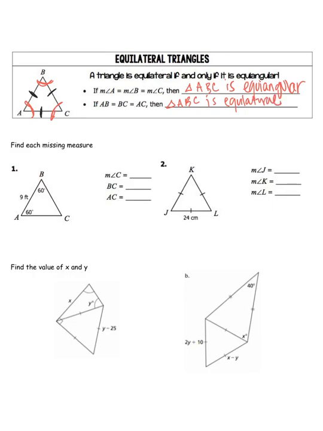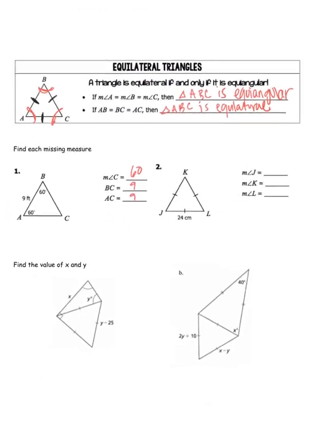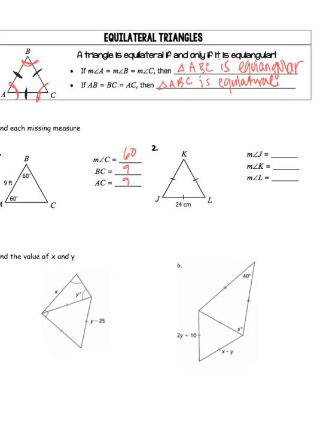Okay? So, number one, the measure of angle C. Well, if A and B are 60, C is 60. And to find side BC, we know AB is 9, so the other two are 9. The cool thing about an equiangular triangle is all equiangular triangles have angles that are 60 degrees.